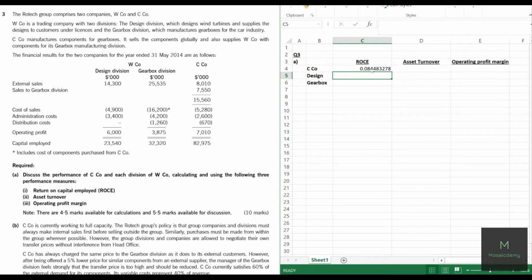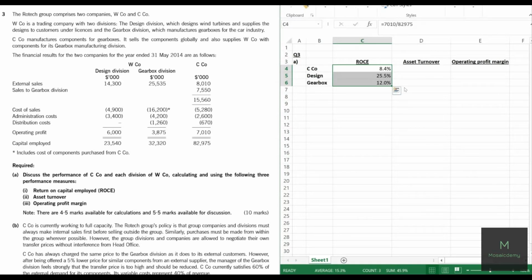For design, it's going to be 6,000 over 23,540, and for gearbox it's going to be 3,875 over 32,320. Now remember, the ROCE is a percentage ratio, so let's just make it a percentage.